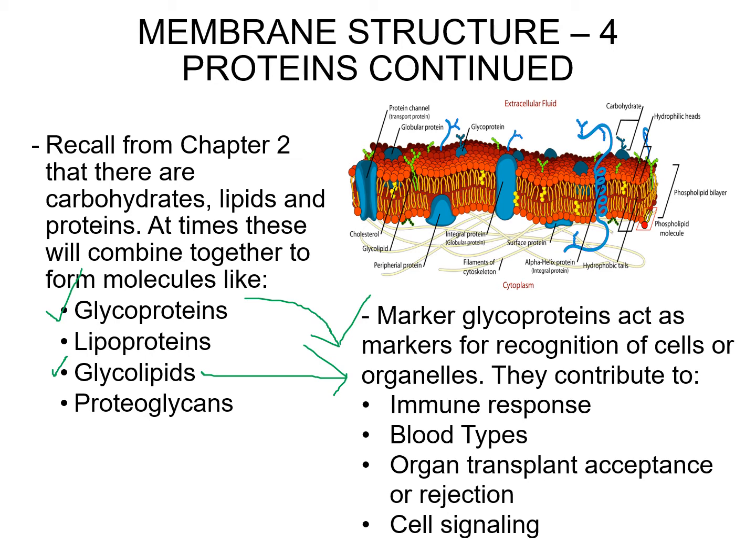These glycoproteins are like little satellite dishes, little receptors on every single cell in your body. And what we have are these really cool white blood cells, these soldier cells. And they go around and pull people over to the side, and they check their license and registration, if you will. And if they have a valid license and registration, meaning I'm part of you, we're on the same team, they let you go, no big deal.